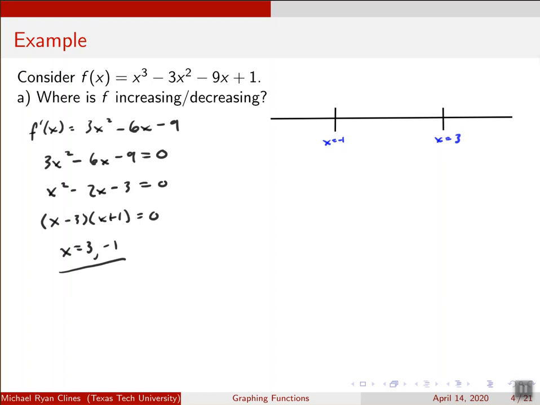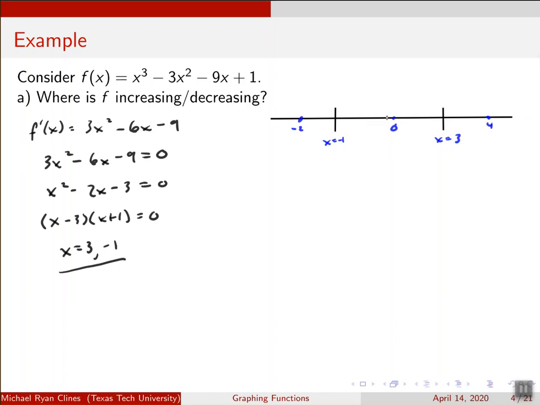And since this function is continuous, all we have to do is pull out those representative points. Here, I'm going to pull out x is equal to -2. Here, I'm going to pull out 0. And here, I'm going to pull out 4. Because these points represent these entire intervals.